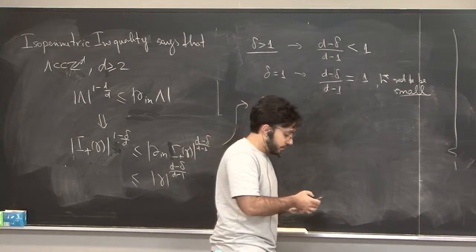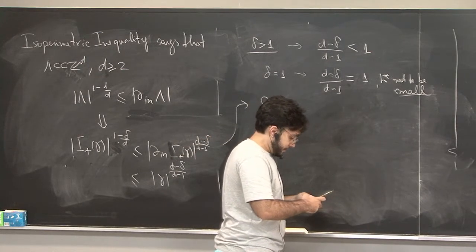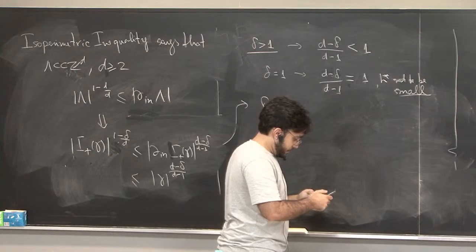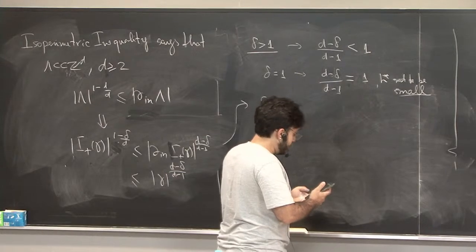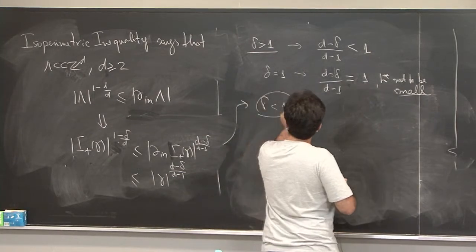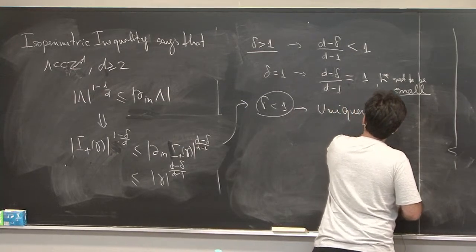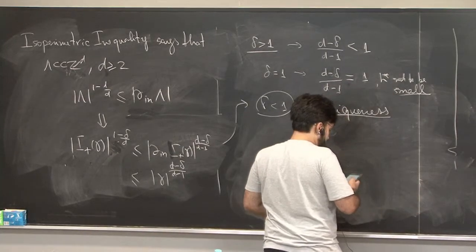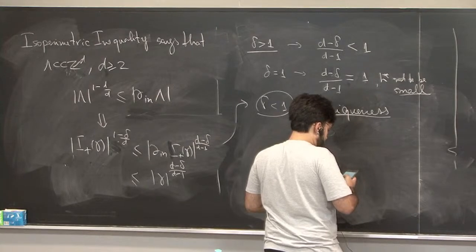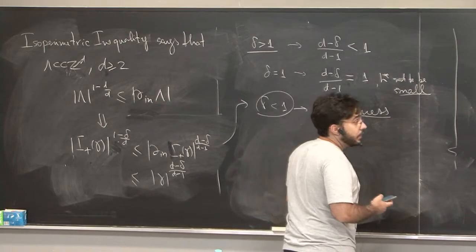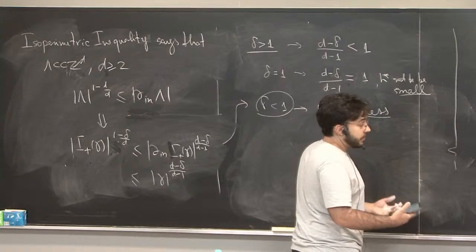There is uniqueness of the Gibbs measure, so this means that there is no phase transition, and of course the Peierls argument doesn't hold.